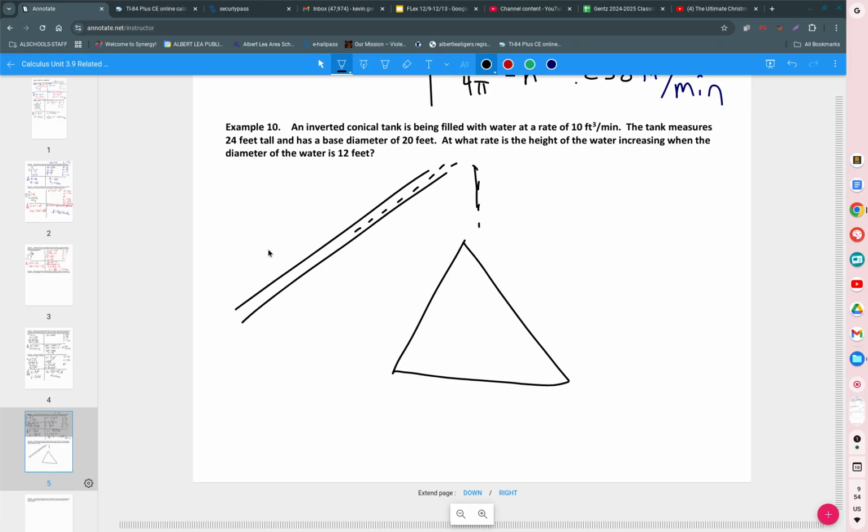Problem number 7, number 9, 10, 11, 12. Flip it over. 16. And that would be it right now.